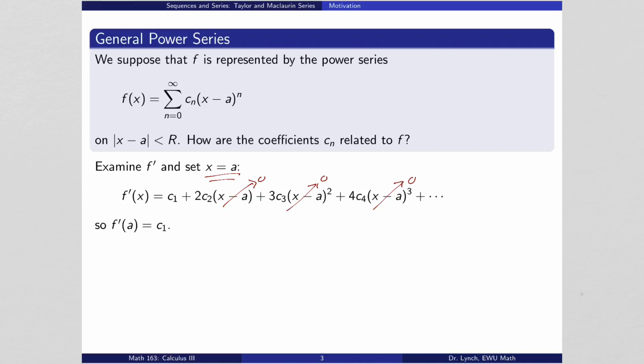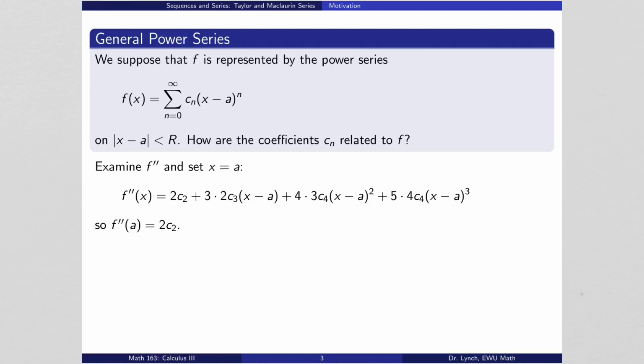You can imagine taking another derivative, and you end up with the following expression. Here again, I'm just using the chain rule, and this suggests that we plug in x equals a to the second derivative also. If we do, we get a bunch of stuff going to 0 again, and f double prime at a has to be 2 c2.